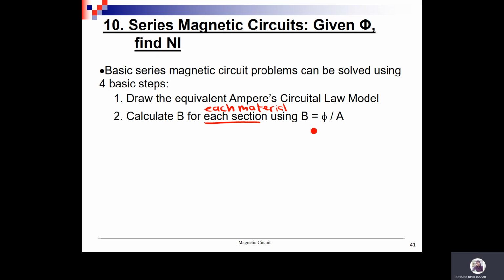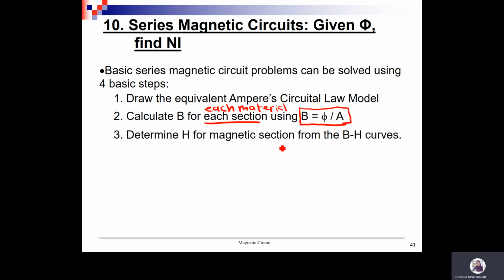Using B equals phi over A, where A is your area. This formula we already learned in part A. Then determine H for the magnetic section from the BH curve. Once you get the value of B, you can refer to the BH curve to get the value of H. This one also we have learned in part A, how to read the graph.